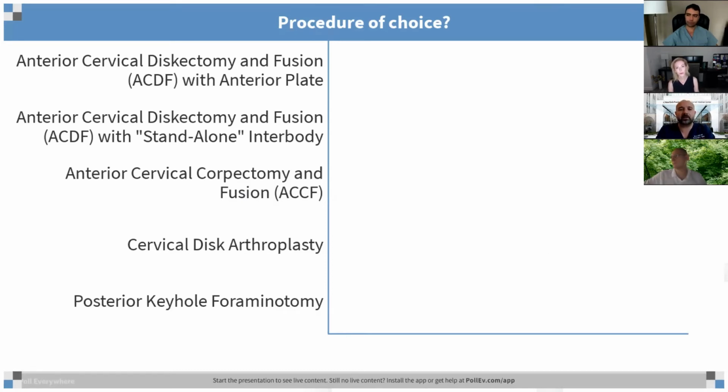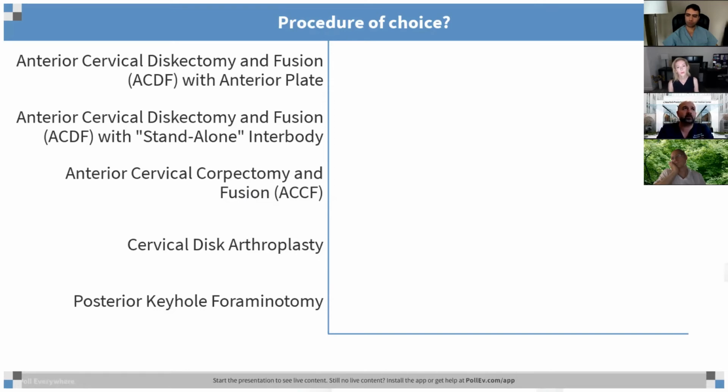Same thing with the arthroplasty. The people who do it talk about it a lot. They like it. But based on what you've shown, the literature may not support that arthroplasty is better, but it's certainly not inferior by any stretch of the imagination. Why do you think it just hasn't been as widely adopted as you would otherwise think?